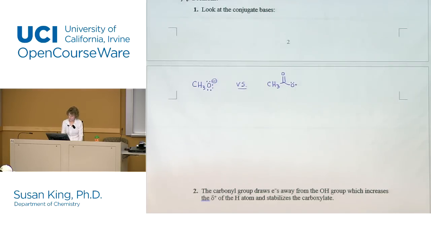All right, so we know that the conjugate base of acetic acid is resonance stabilized. So we can push electrons, we can share those electrons between 2 oxygens equally. And that's because we get 2 equivalent energy resonance structures.